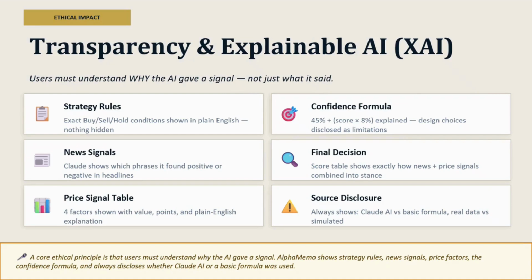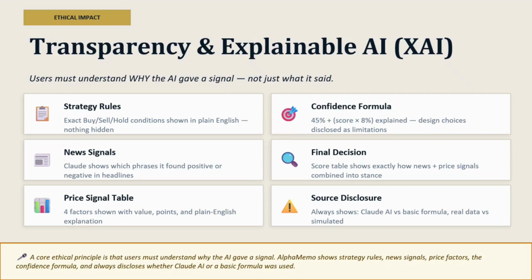The confidence formula is fully disclosed: 45% baseline, plus 8% per point, capped at 85%. It shows which news phrases caused the score to be positive or negative. And it always tells you Claude AI or basic formula, real data or simulated.